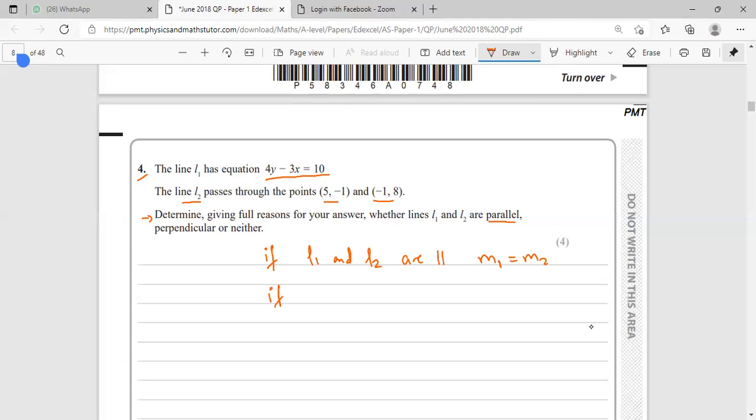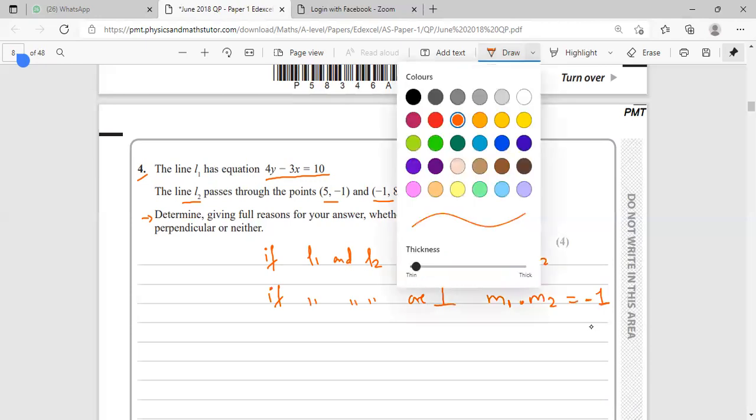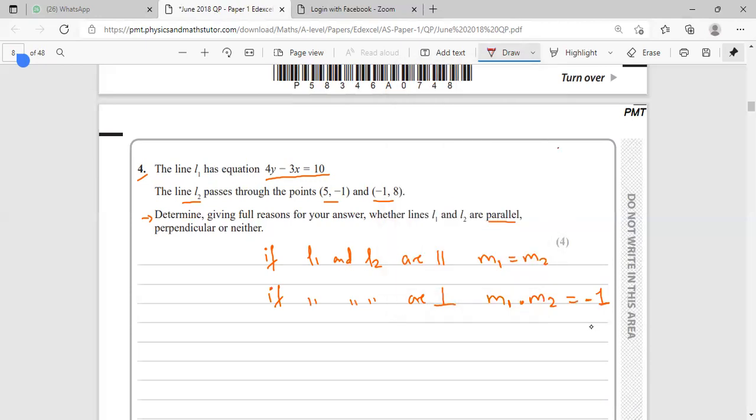And if L1 and L2 are perpendicular, this is what we have in perpendicular lines. The product of M1 and M2 would be minus 1. Yes, guys, do we know this? Yes. Yep. Okay, so we know these two things. Let's find out M1 and M2 and then we are good to go, okay?